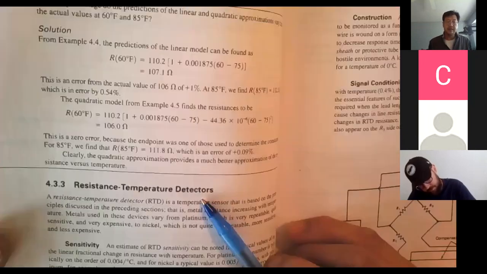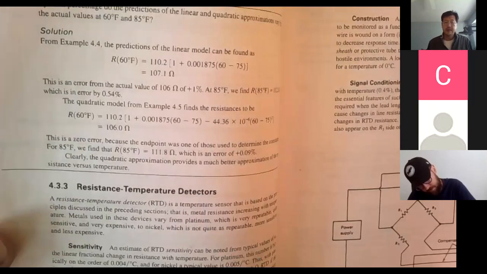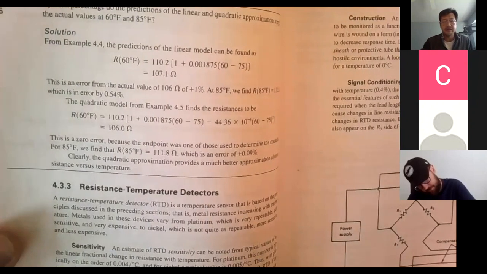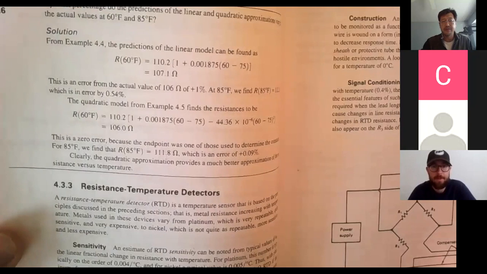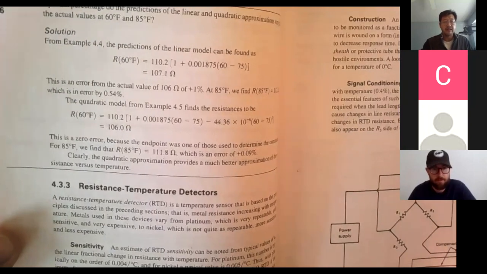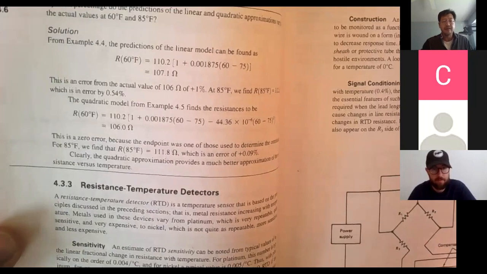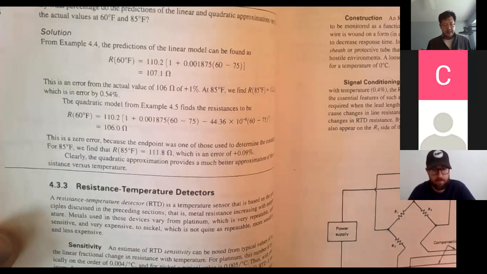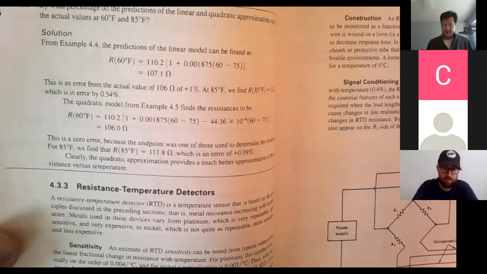This detector is a resistor. If you study resistance, the resistance always changes with temperature. That's the physics: resistance changes with temperature. And that can be used as a temperature sensor.